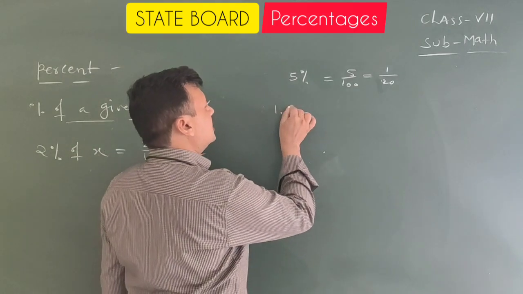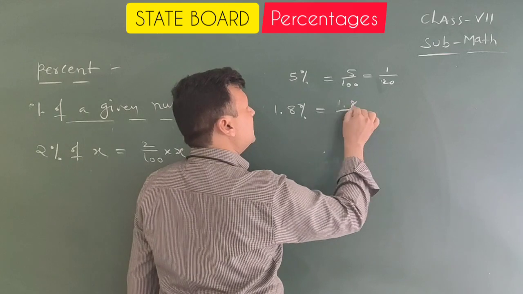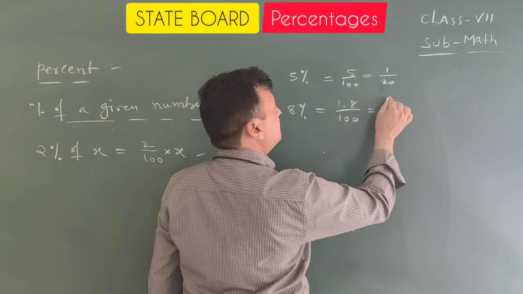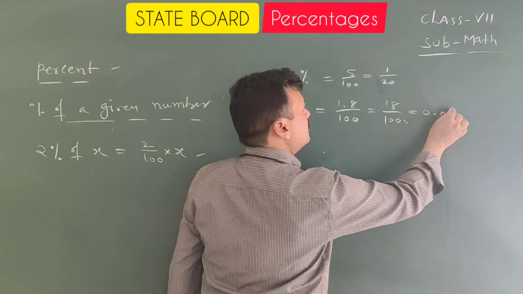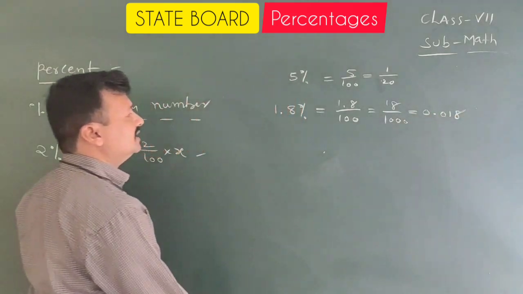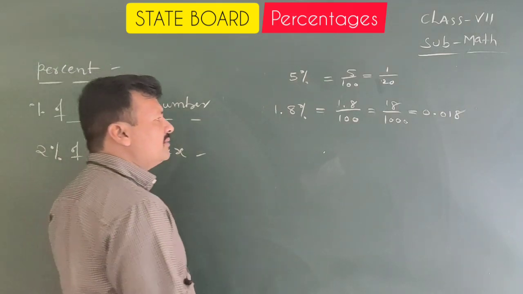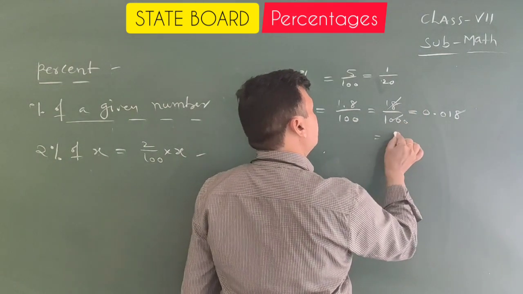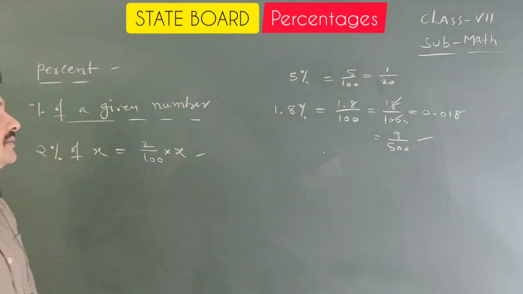Here 1.8% means 1.8 by 100, which is 18 by 1000, or 0.018 in decimal form. In fractional form it is 9 by 500. This way you can convert the given number.